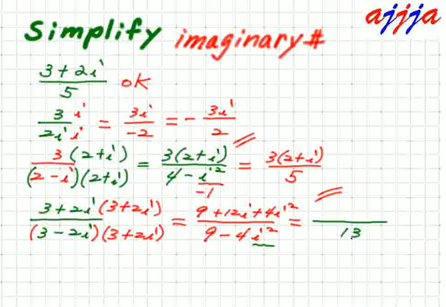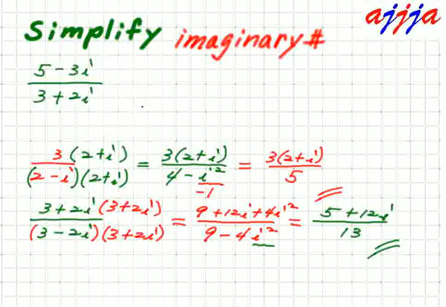That means the bottom is going to be 13. What about the top? 4i squared means negative 1 times 4, negative 4. So 9 minus 4 is 5, then plus 12i. The top is okay. As long as the bottom is clean, that's all right. The answer is very clean, so we are in good shape.